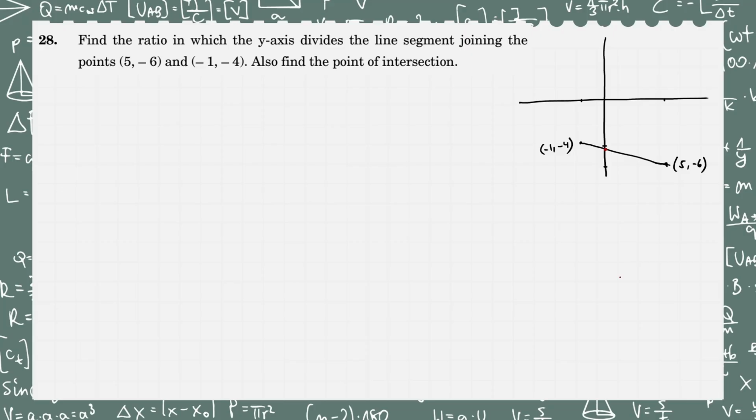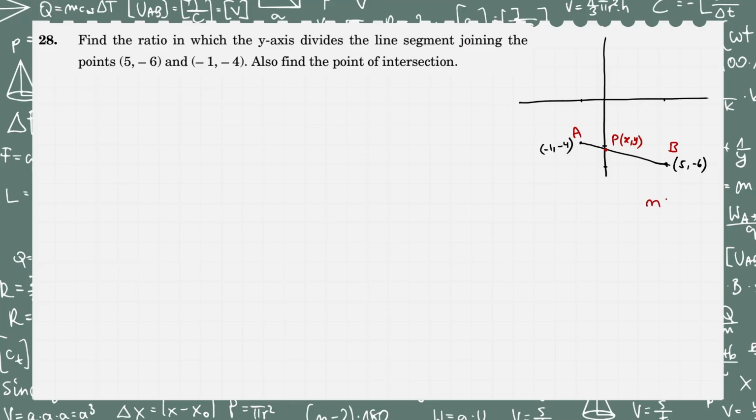Now we want to know in what ratio the y-axis divides the line segment joining the points. So let us name the points: minus 1 minus 4 is our point A and 5 comma minus 6 is our point B. Let us call this point P, which is x comma y. The ratio in which the point P of x comma y divides the line segment AB will be k is to 1, right?